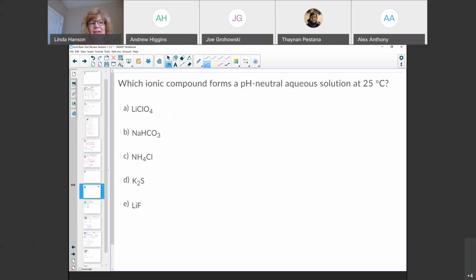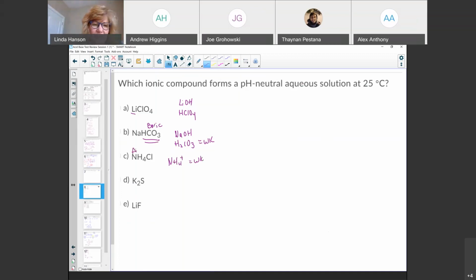So for instance, in letter A, I go lithium hydroxide, perchloric acid. Both are strong, so no effect. Here's NaOH and then H2CO3. This is weak. Since it's in the second position, I know it will make the solution basic. Here's ammonium, backwards. You got it. Ammonium is in the first position, so I know it will be acidic.